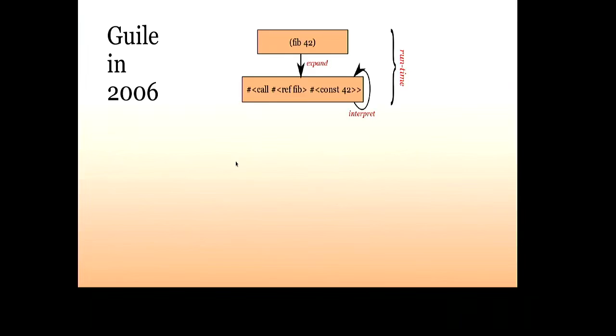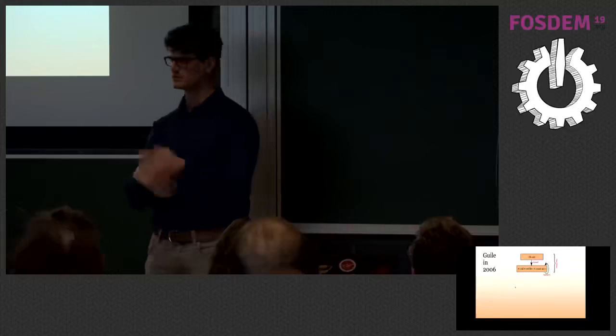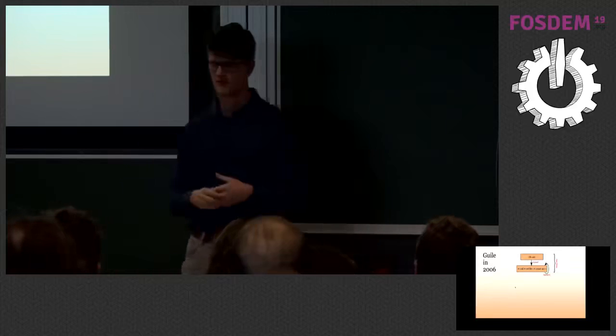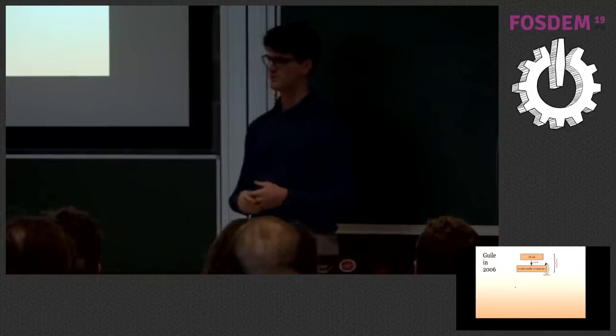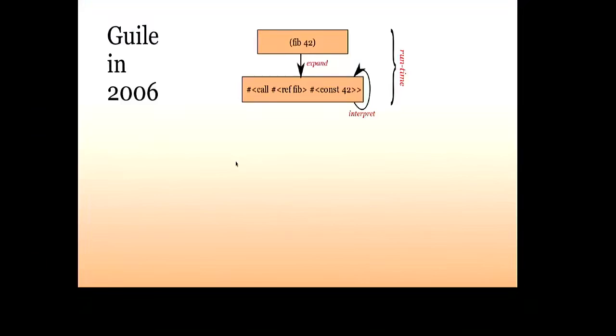So you go through an expansion phase in which all your macros were expanded out, and then you would have this kind of primitive Scheme form. That's the second box there. And at runtime, you just keep interpreting these primitive Scheme forms. And we were very proud of our interpreter then. We felt like we had a fast interpreter. And we felt like we were at some kind of local maximum. And I guess we were, but it was very local and not very maximum.